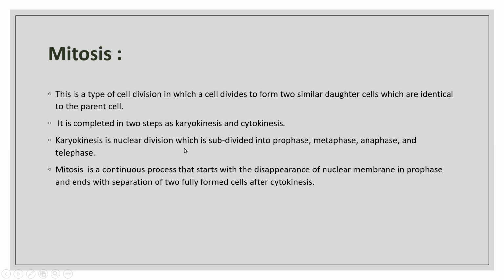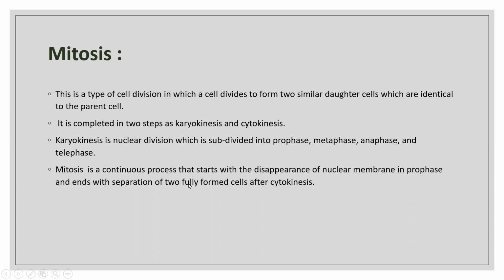Karyokinesis is a nuclear division which is subdivided into prophase, metaphase, anaphase and telophase. Now we know that every cell has cytoplasm and it also has a nucleus. So when the division takes place in the nucleus of the cell, that is called karyokinesis. So we can say karyokinesis is a nuclear division.